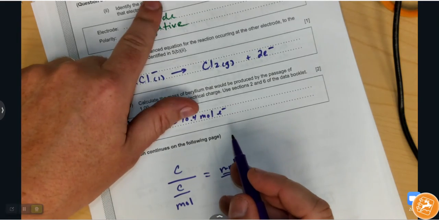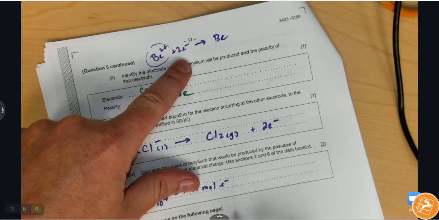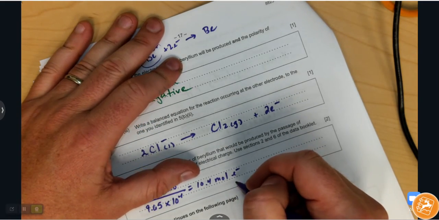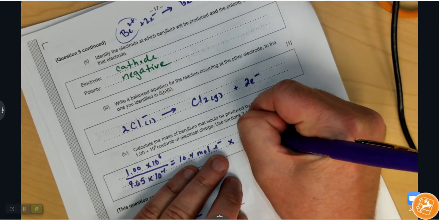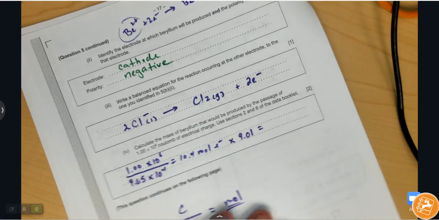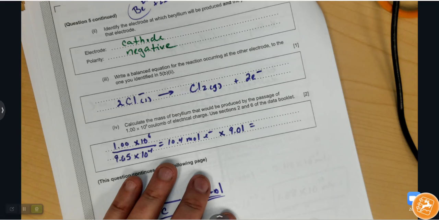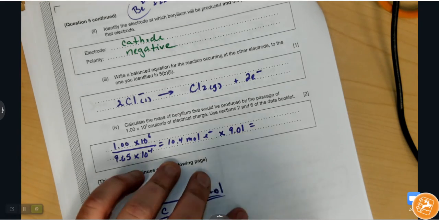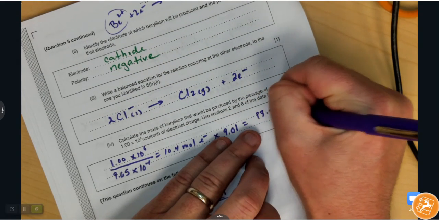Now remember, beryllium needs 2 electrons, right? So we've got the number of moles. If we multiply it by the molar mass of beryllium, which is 9.01, that gives us 10.4 times 9.01, 93.70 grams.